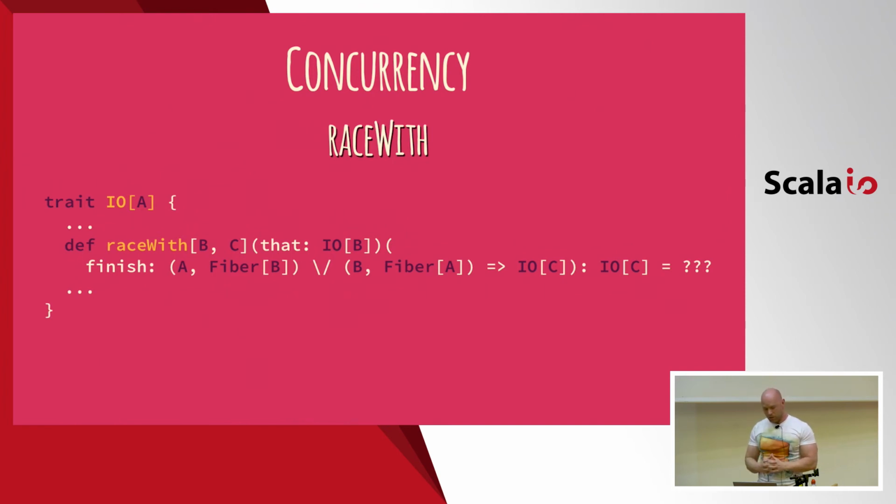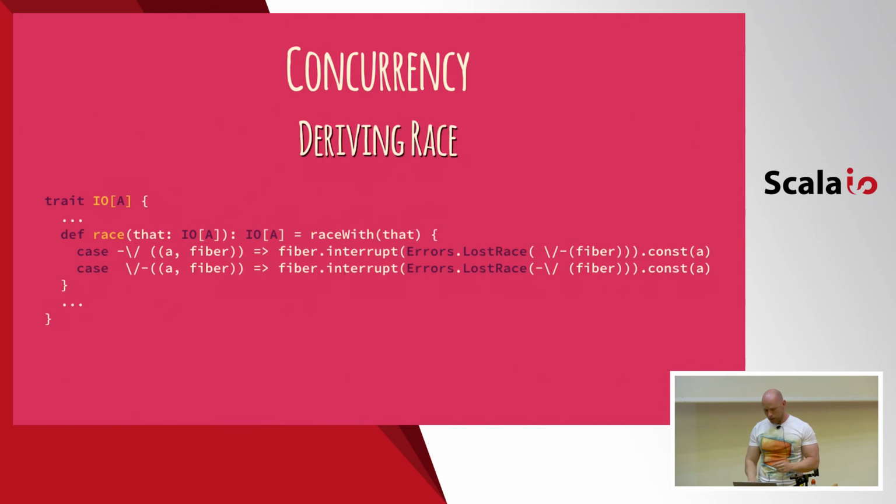And it turns out this is powerful enough to implement the ordinary race very simply and in a way that's 100 times better than the other races that you've seen out there. So in this one, we define race as this raceWith that, and then if the left side won, we interrupt the right side with an error saying you lost the race.